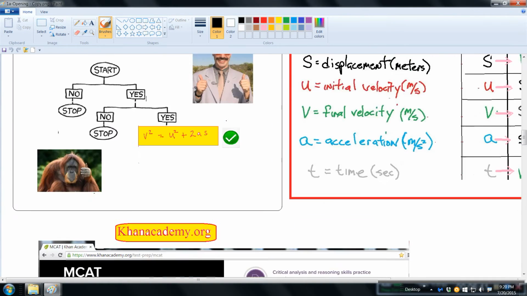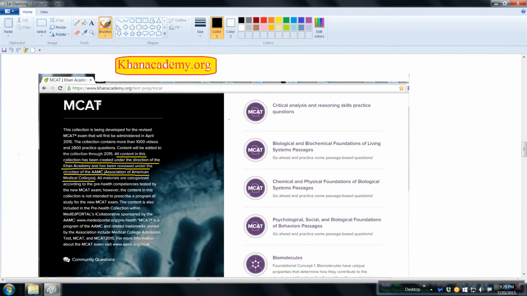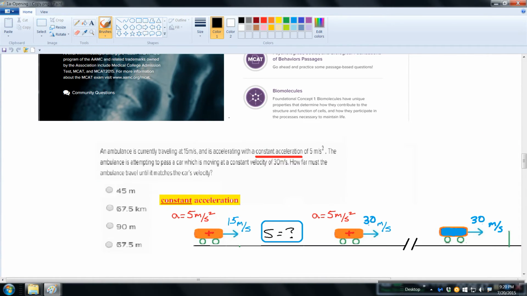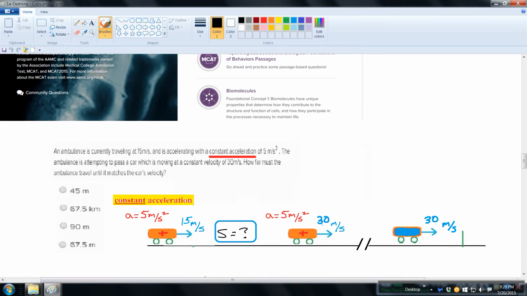Alright, so we're going to use these 4 steps, and we'll take this question from Khan Academy, and it says that an ambulance is currently traveling at 15 meters per second and is accelerating with a constant acceleration of 5 meters per second squared. The ambulance is attempting to pass a car which is moving at a constant velocity of 30 meters per second. How far must the ambulance travel until it matches the car's velocity?